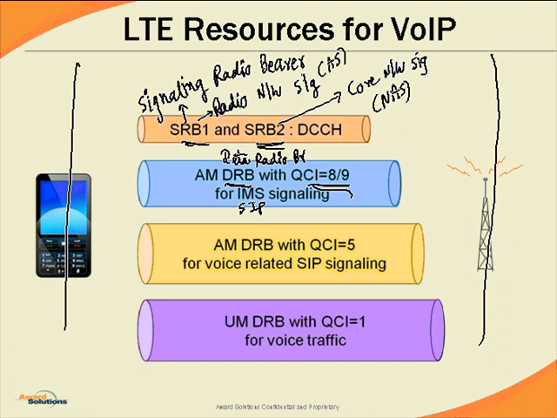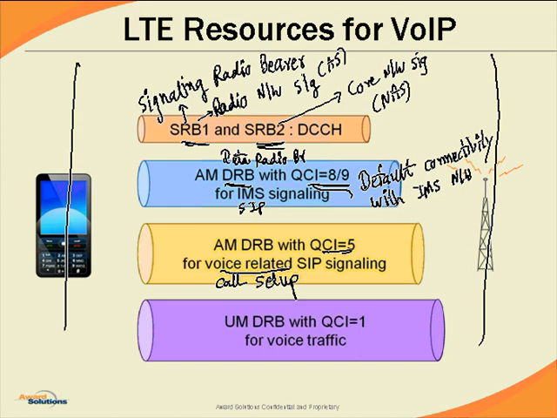This is for default connectivity with IMS network. For call setup signaling, we have QCI 5. Okay, again data radio bearer.